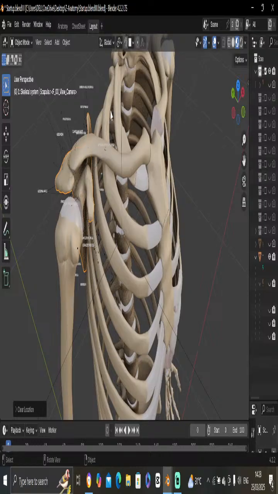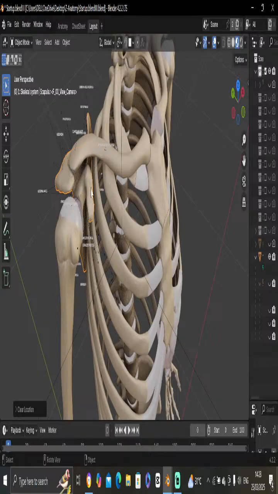But even if the clavicle breaks completely, it most often happens in the middle third. The lateral third and the medial third are not susceptible to fracture, but the middle third of the clavicle commonly fractures.